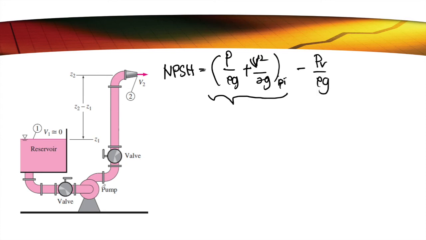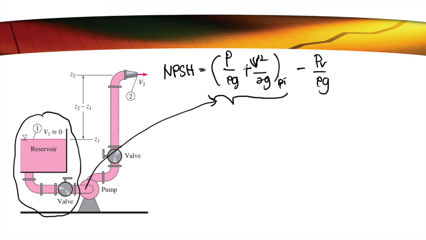So we have this pump, and whatever head or friction just before the pump must be calculated in order for you to calculate the NPSH. So now how to calculate? This equation will derive from Bernoulli's equation.